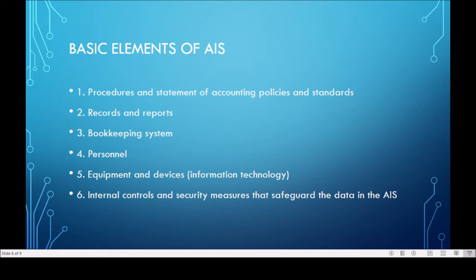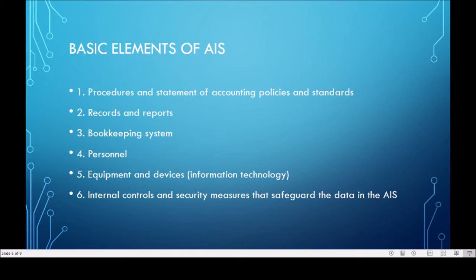These are common procedures, policies and standards that we need so that we can depend on the outputs of the accounting information system, I would say.